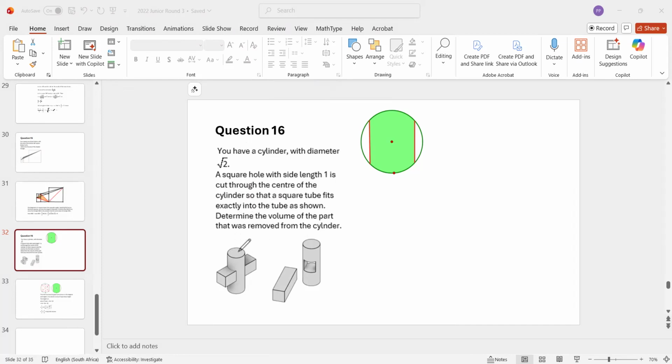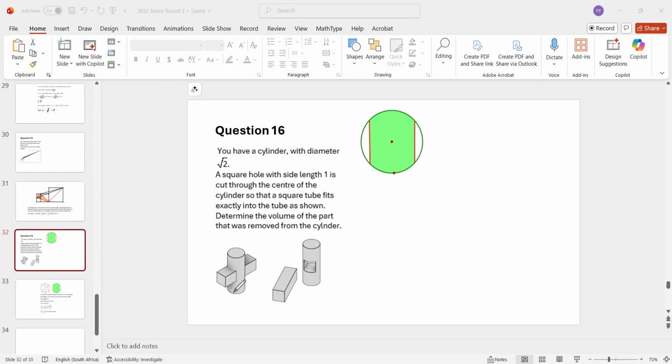So here's your circle, and you cut a hole, but it's a square hole, right through the center, so that the square tube fits exactly into the tube as shown.